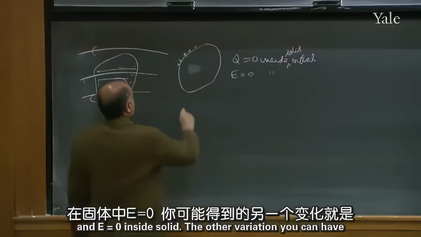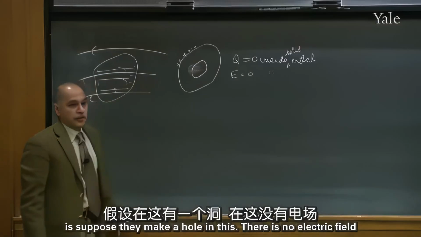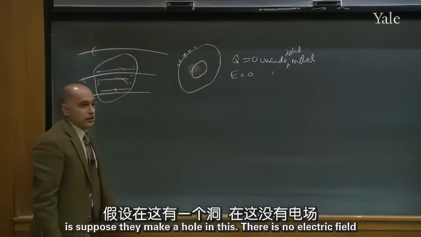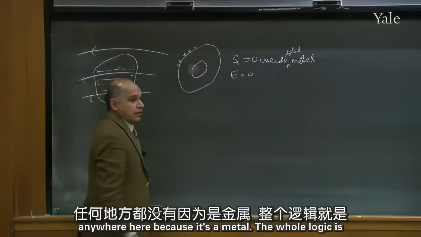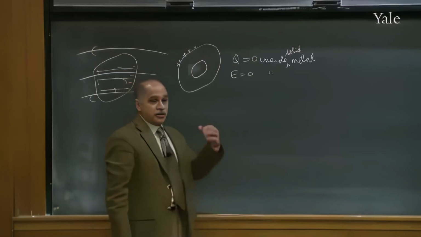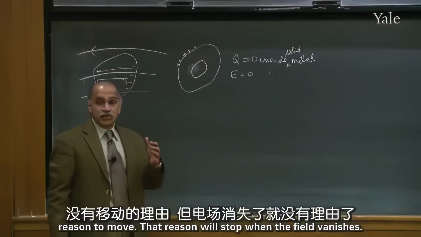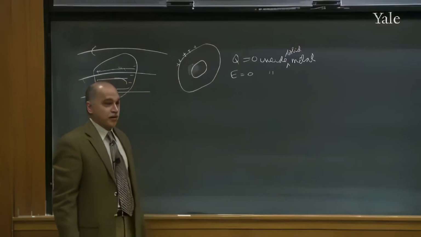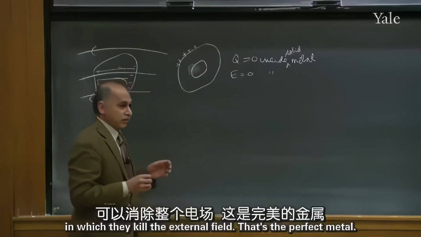The other variation you can have is, suppose I make a hole in this. There is no electric field anywhere here because it's a metal. The whole logic is, if you got a field, you're not in a static situation. Let the charges move. They'll keep moving till they have no reason to move. That reason will stop when the field vanishes. It's quite amazing. They can always find an arrangement in which they kill the external field.